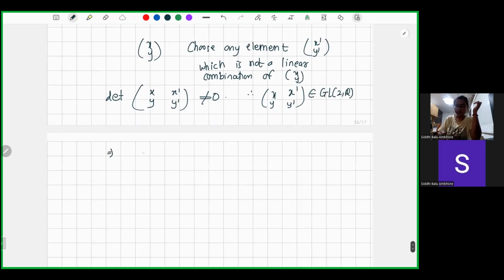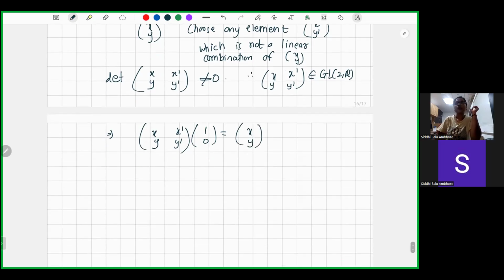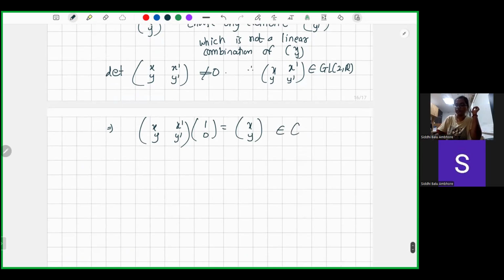And that's how, when I take this xy, whatever linearly independent other column you chose, into this 1 0, it will be my first column xy, and this will belong to my orbit of 1 0.